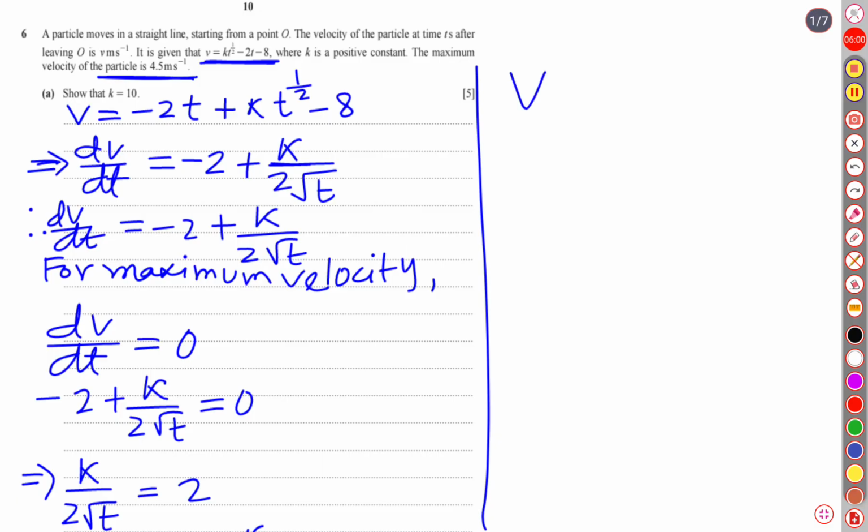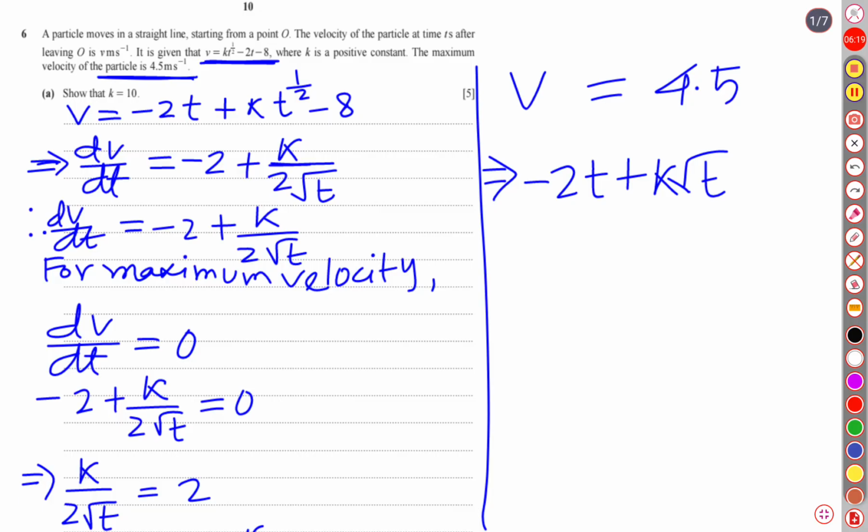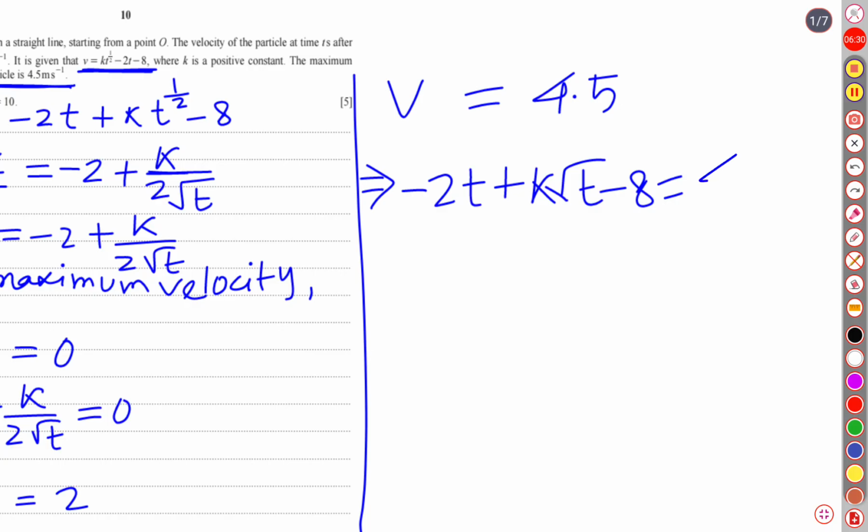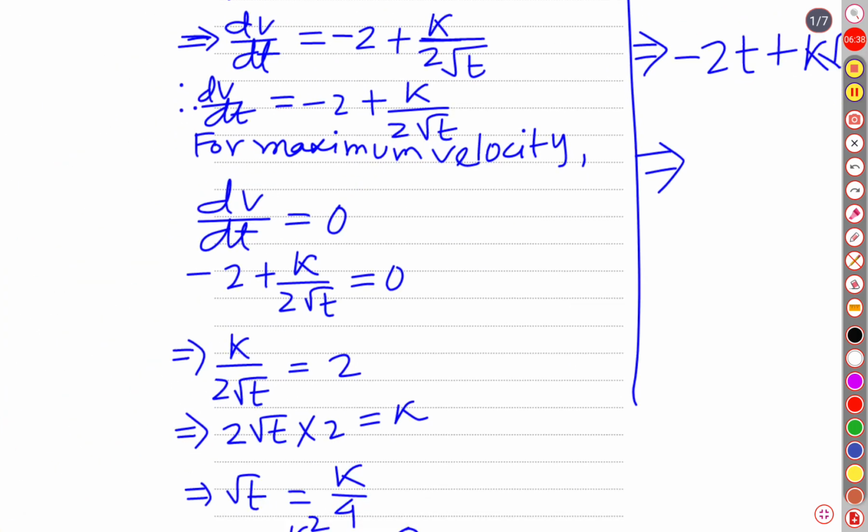So v is equal to 4.5, and the expression for v is negative 2t plus k square root of t minus 8, equal to 4.5. Well, now as we have already obtained the value of t, which is k squared over 16.